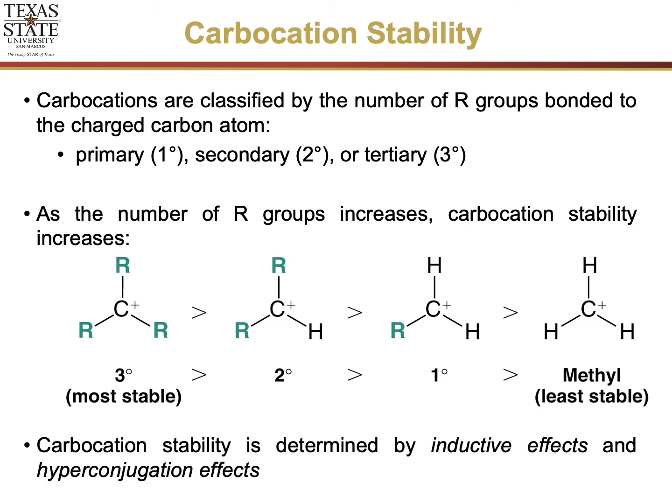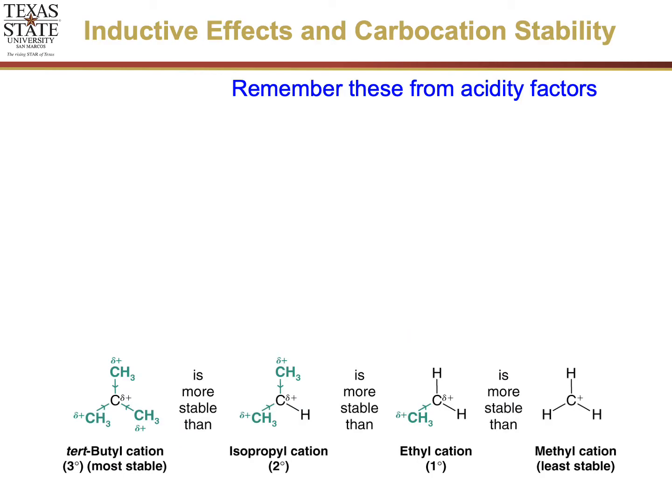So, why are these carbocations more stable in tertiary and secondary than in the primary and methyl? It has everything to do with the inductive effect and hyperconjugation effects of those carbons bonded to the carbon with the positive charge. Let's look at that inductive effect.